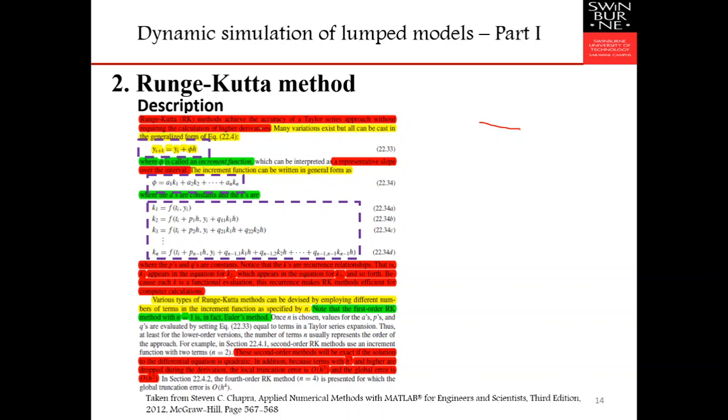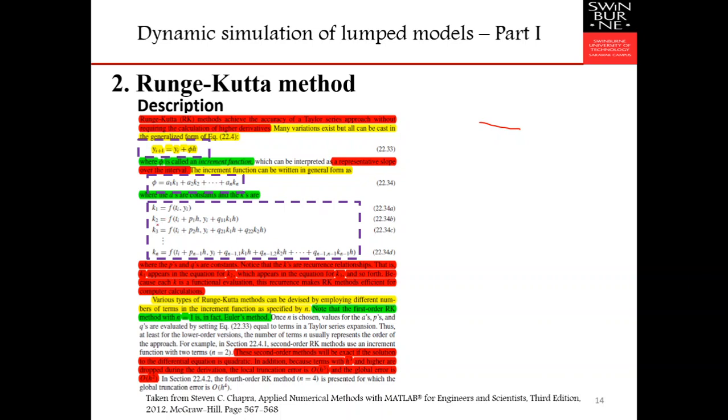The advantage of the Runge-Kutta method is that it achieves the accuracy of a Taylor series approach without requiring the calculations of the higher derivatives. Again, the same formula as the Euler method is used in here, but the difference with the Euler method is that this Runge-Kutta method contains a recurrence relationship.